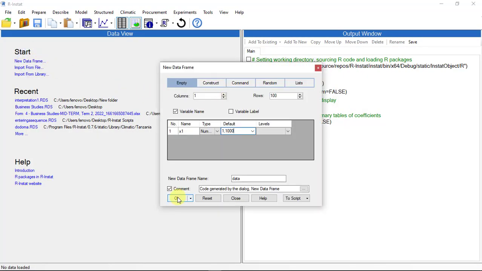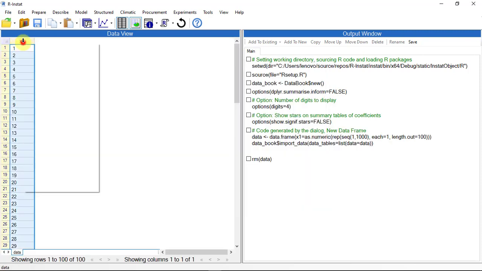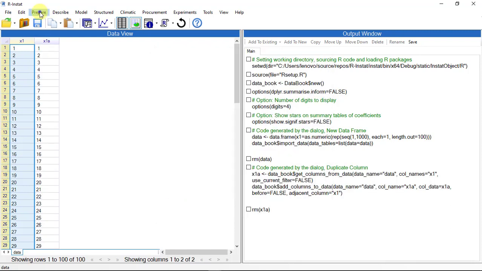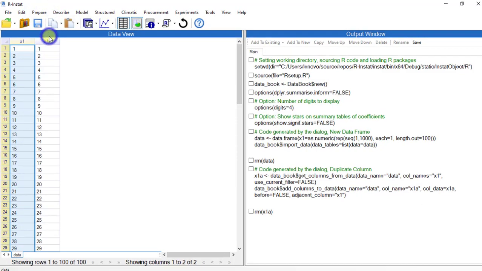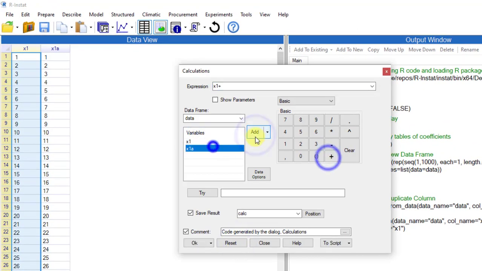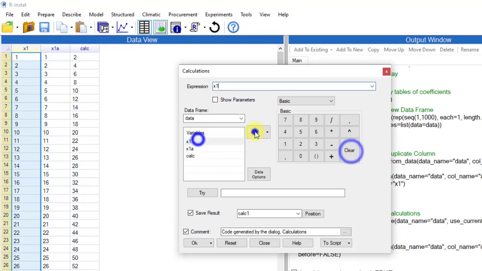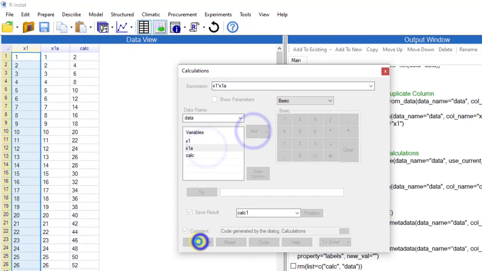Get a data frame of length 100. Now, right-click and duplicate x1, call it x1a. Now to our calculator, and first do x1 plus x1a, then x1 times x1a.